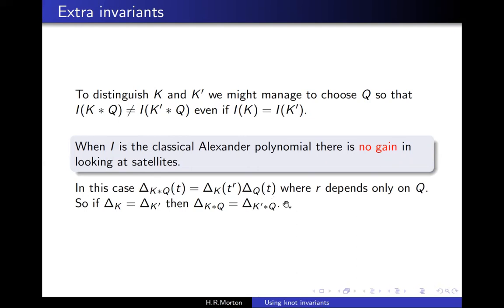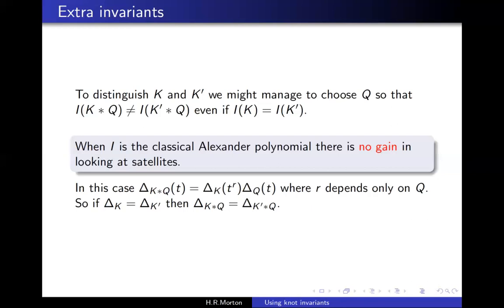I haven't exactly spelled out how that works, but it really just does depend on K and Q. R is the winding number of Q around the annulus. And the upshot of that is that if K and K prime have the same Alexander polynomial, then so do K star Q and K prime star Q. So you won't get any gain invariant-wise by looking at this.